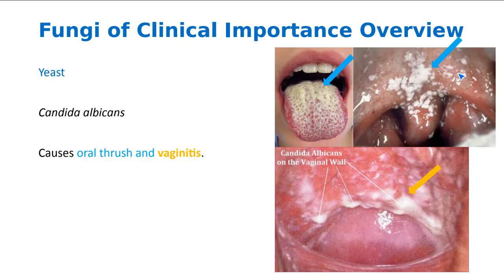So how do you acquire this? Well, Candida albicans is part of the normal inhabitants of your mouth and the vagina and the anus. They're there all the time. There needs to be some kind of disruption of the normal inhabitants there. So if you take an antibiotic, it's going to kill all of the bacteria that are susceptible to it.